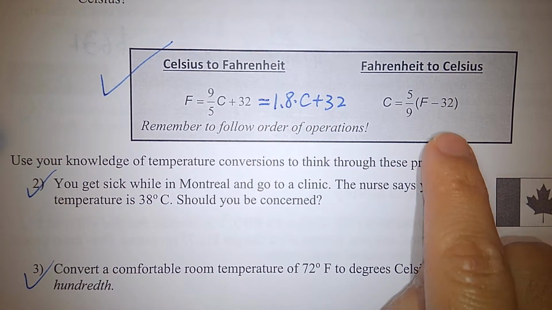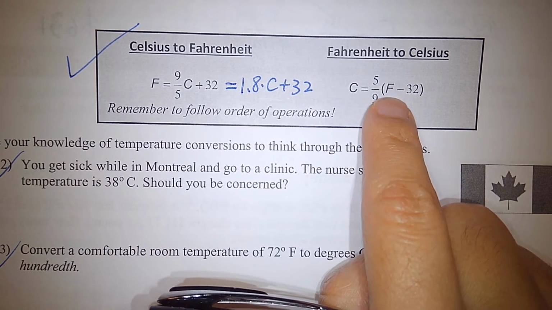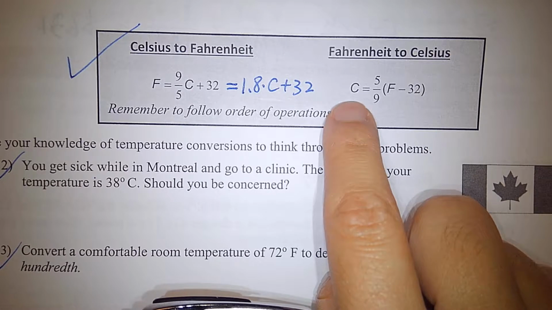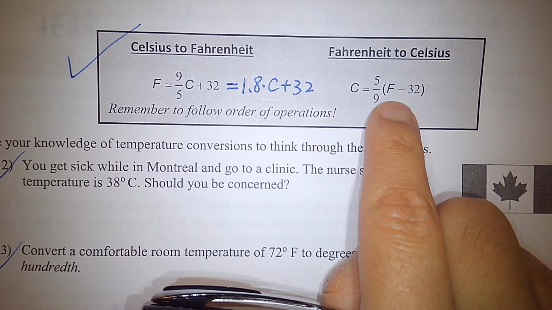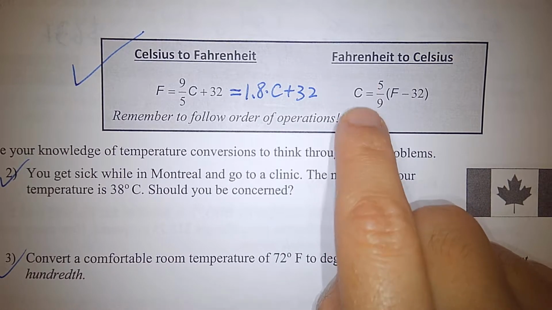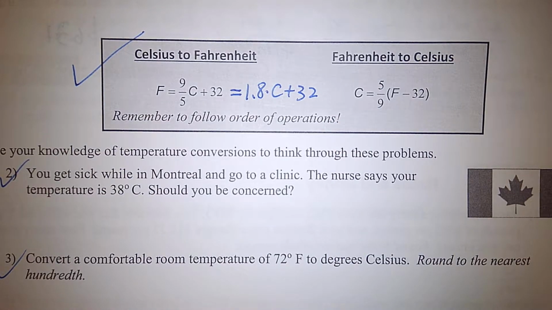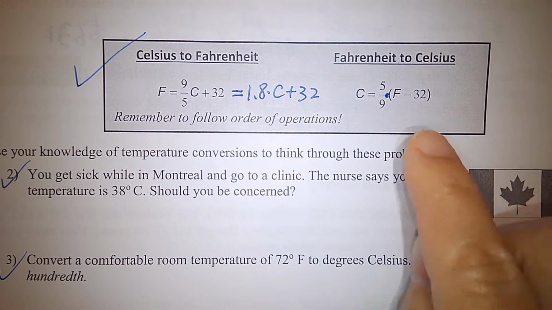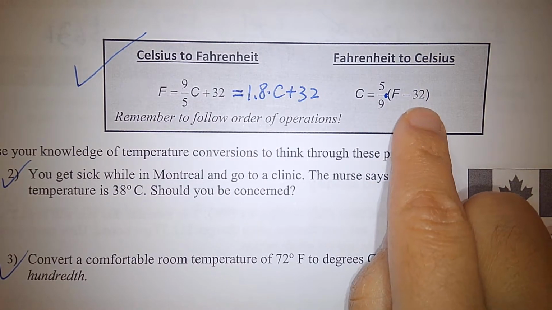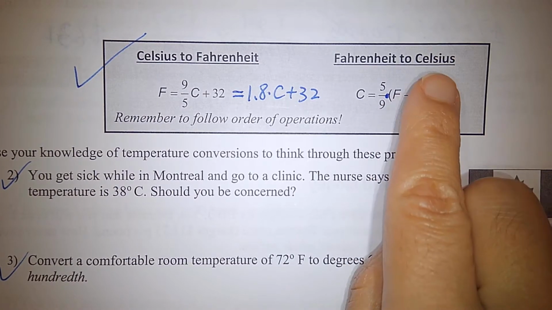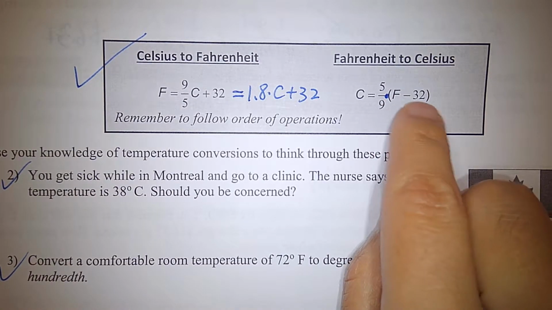Okay. If Fahrenheit is given, we use this formula to get Celsius, right? Now in this formula, we have 5/9 times the parenthesis F minus 32. I'm asking you how to do the calculation. Do we do subtraction first or multiplication first?